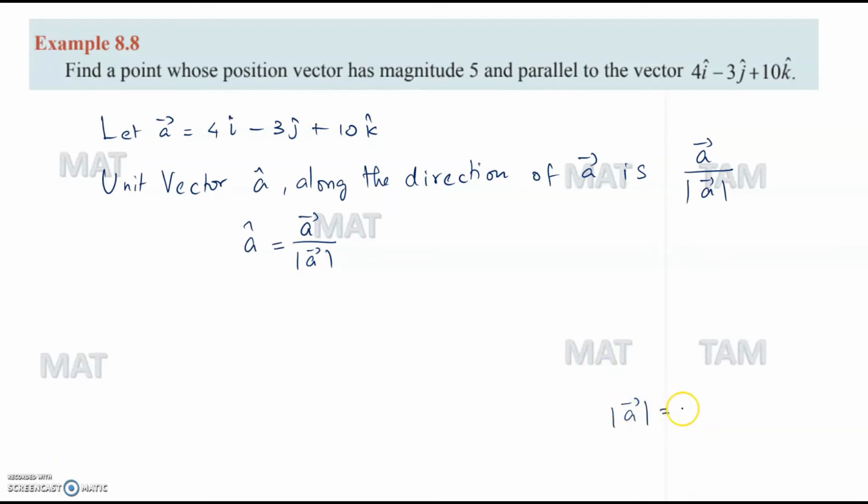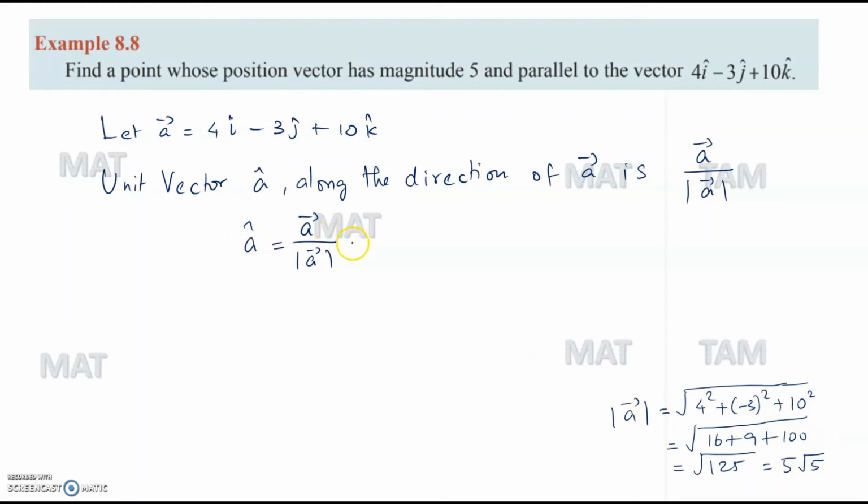That would be equal to square root of 4 squared plus minus 3 squared plus 10 squared, and that should be equal to square root of 16 plus 9 plus 100, which is equal to square root of 125, which is equal to 5 times root of 5.